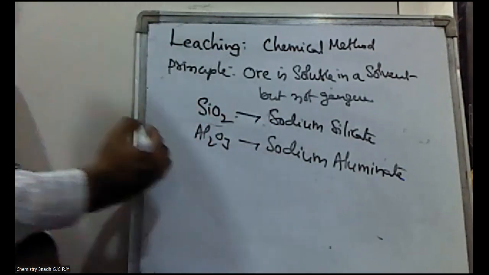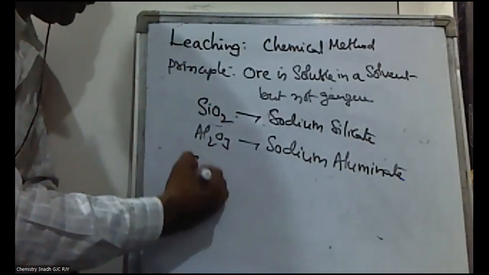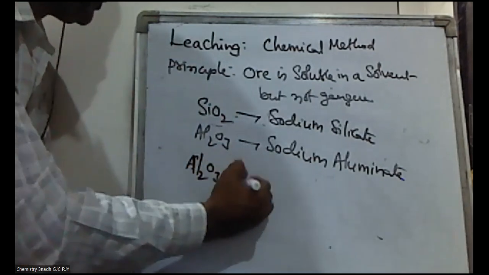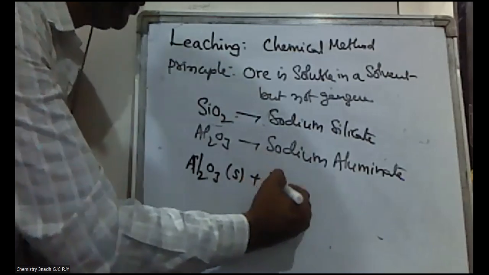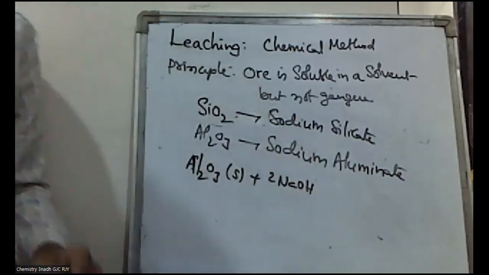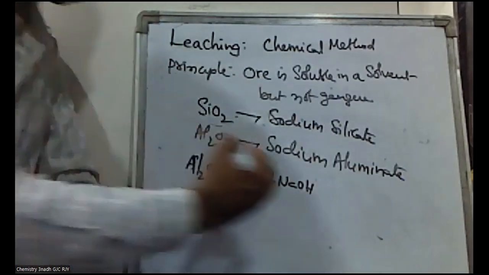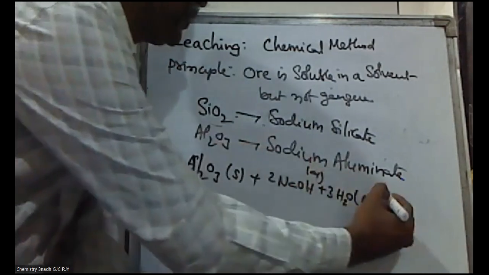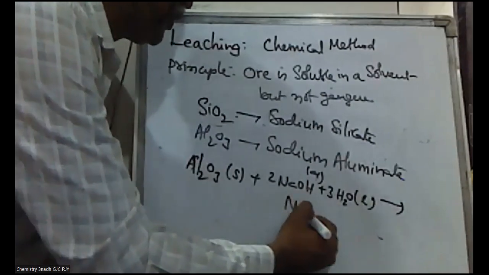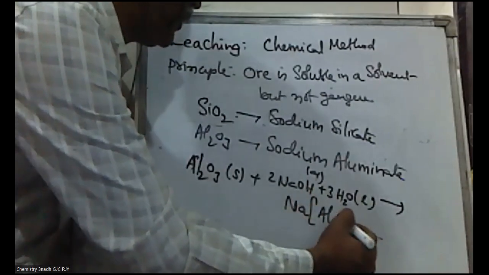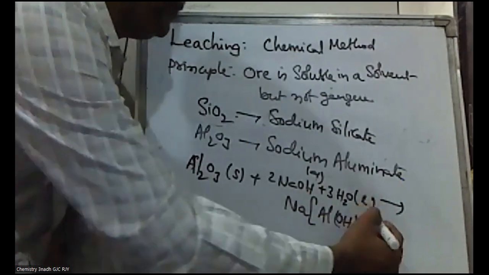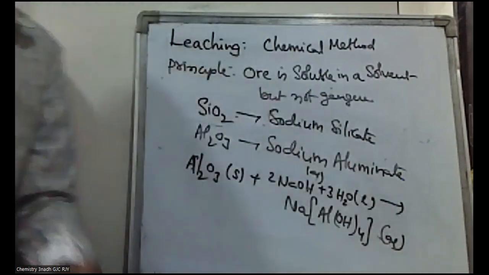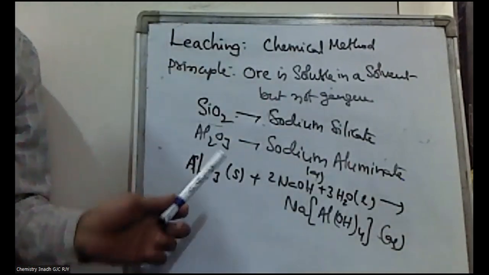Here, the alumina ore in solid form plus 2NaOH plus 3H2O gives sodium aluminate, which is an aqueous solution.